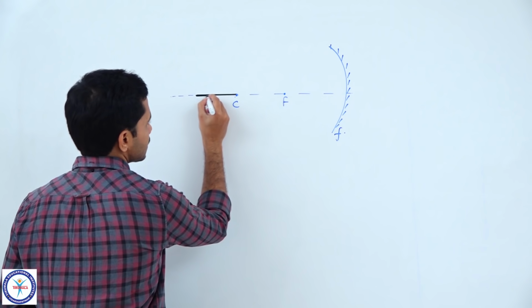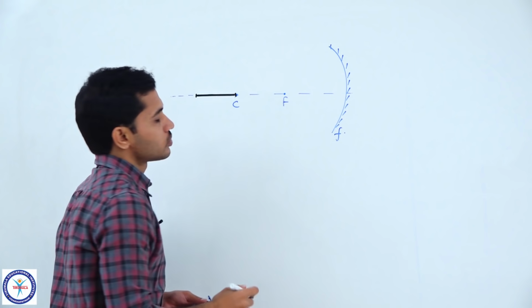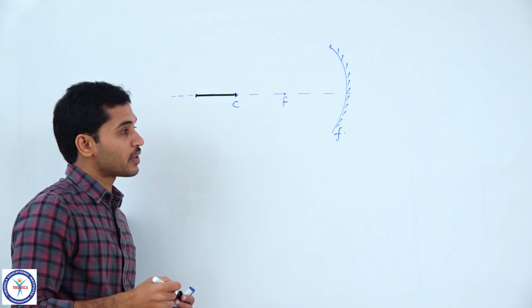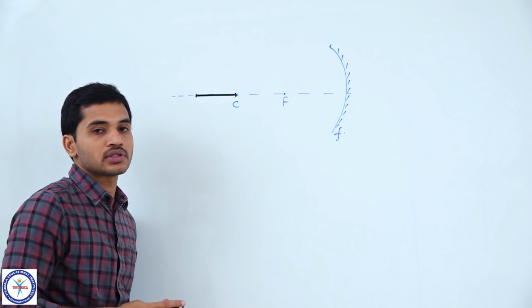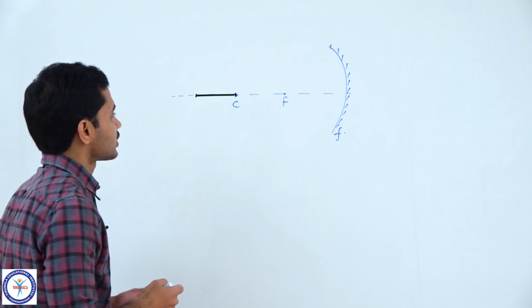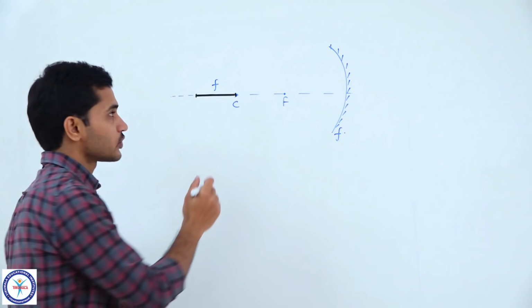Let us say this one here is the object. It is sufficiently long, you can see its length is comparable to the focal length of the mirror. So, let us consider that the length of the object is also f.